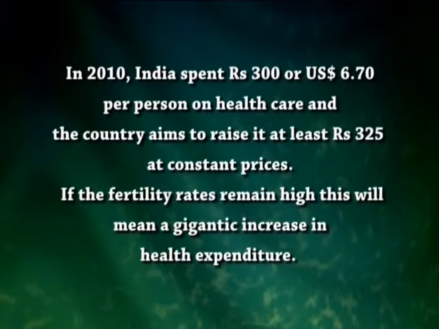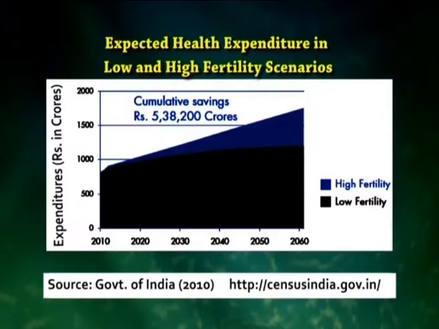In 2010, India spent rupees 300 or 6.7 US$ per person on healthcare, and the country aims to raise it to at least rupees 325 at constant prices. If the fertility rates remain high, this will mean a gigantic increase in health expenditure. The difference in health expenditure in high as well as low fertility scenarios can be observed from this figure.